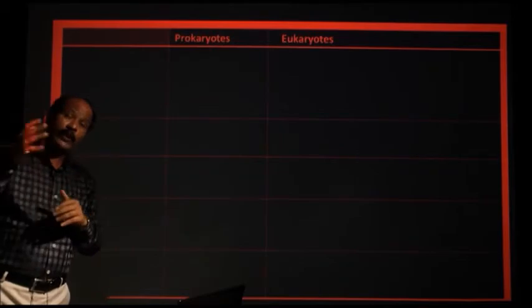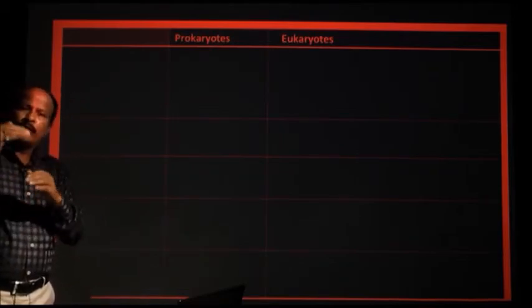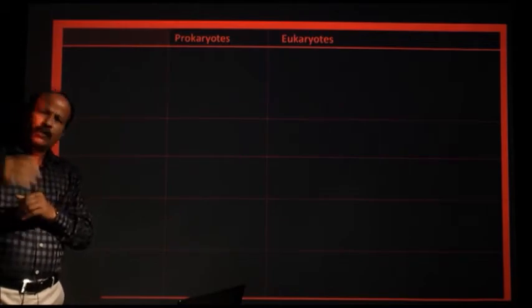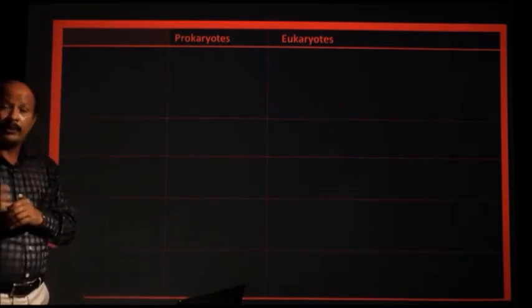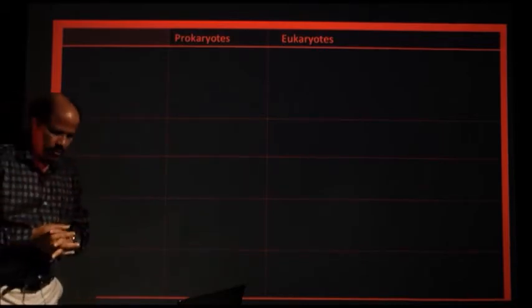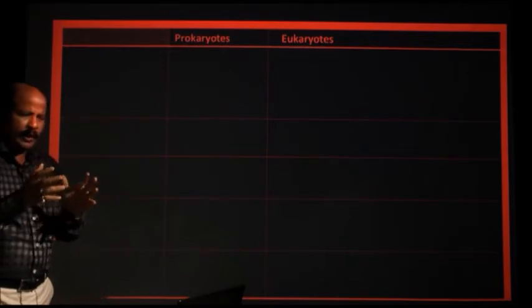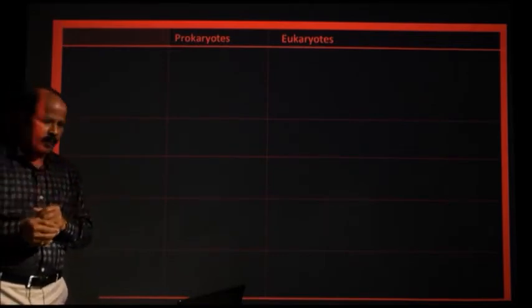But eukaryotic cells go from 10 to 100 micrometer, and some may cross more than 100 micrometer, right? And importantly, when compared, animal cells are smaller as compared to plant cells.